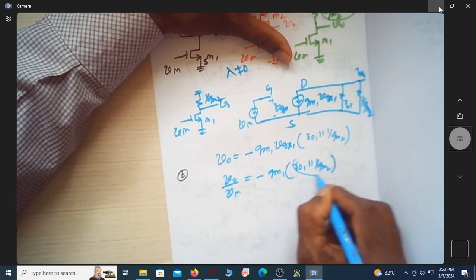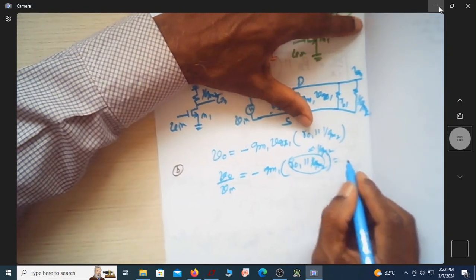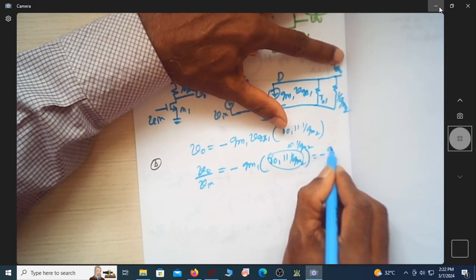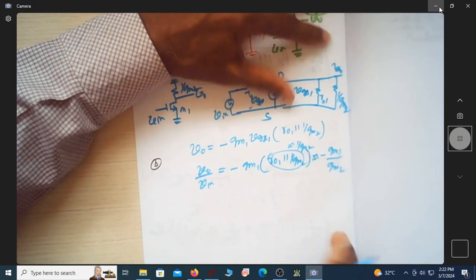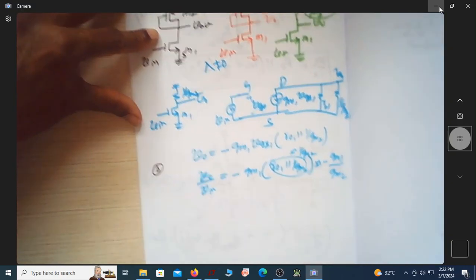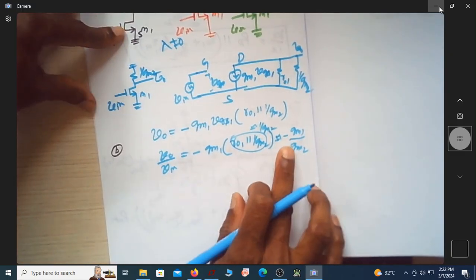This you can approximately write as 1 over gm2. So the gain becomes approximately minus gm1 by gm2. This is the gain of the amplifier.